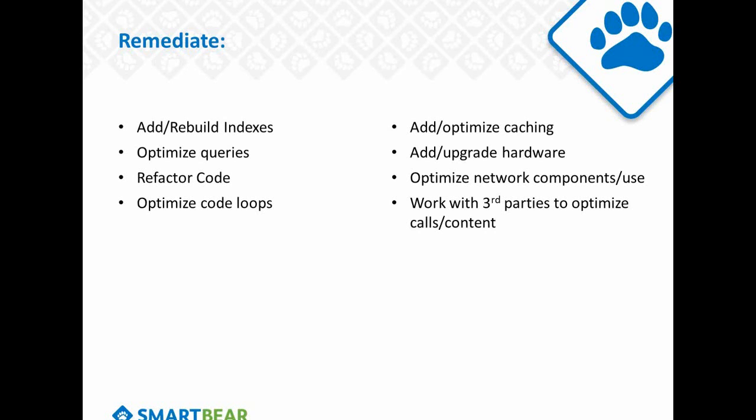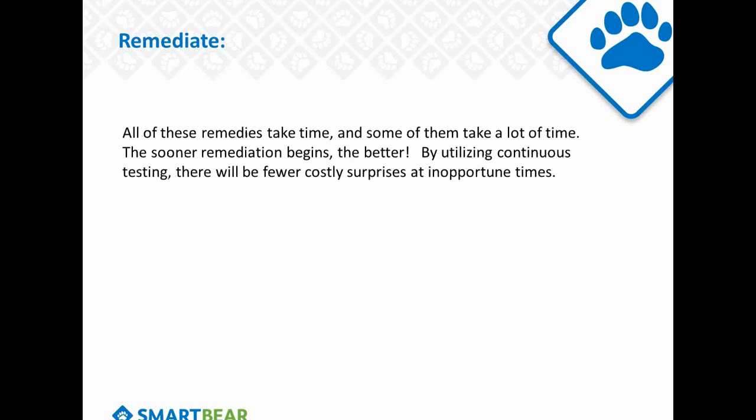You could have an ad server that, because of the way the ad is placed into the code on your page, might stop other things from happening on your page and cause that page to take a long time. So you'll need to work with your third parties to get that corrected. You're going to need to optimize code loops, refactor code. All of these things take time to remediate, so the best thing I can say is test all the time and provide your corrections as you test.